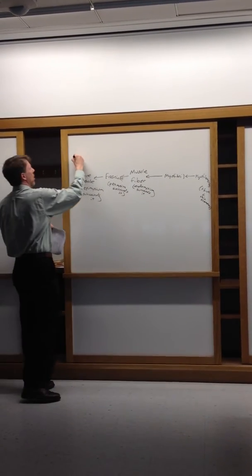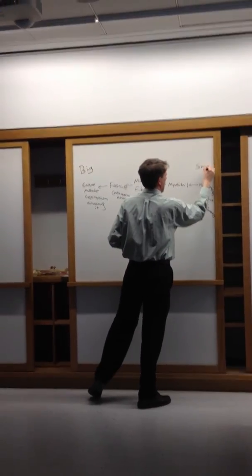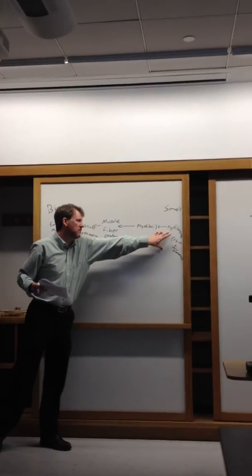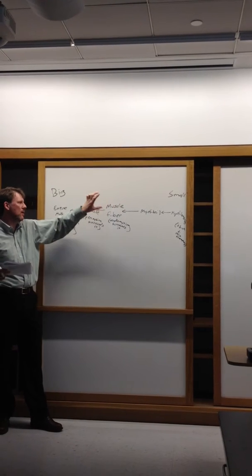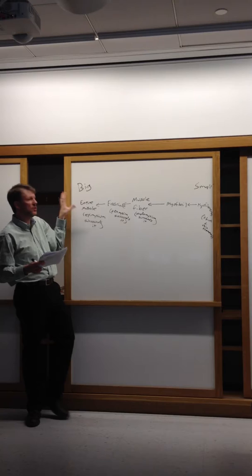From big to small: a bunch of myofilaments together gives you a myofibril. A bunch of myofibrils together gives you the muscle fiber. A bunch of muscle fibers together gives you the fascicle. A bunch of fascicles together gives you the entire muscle.